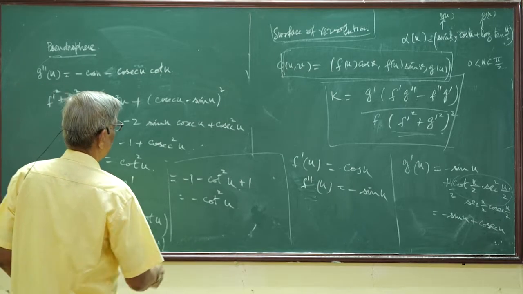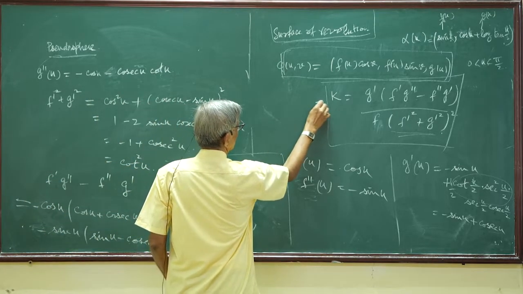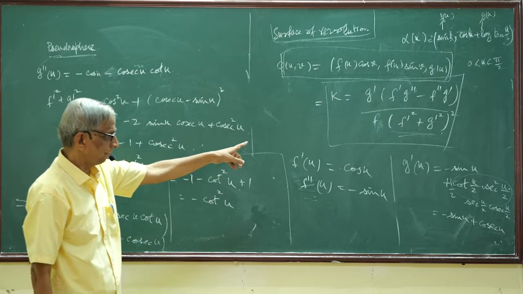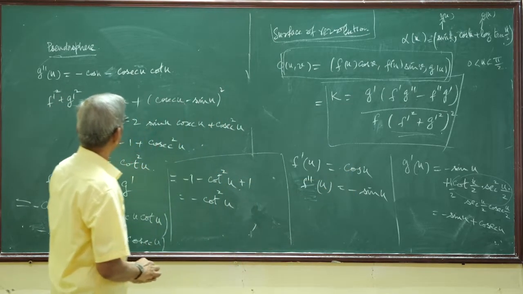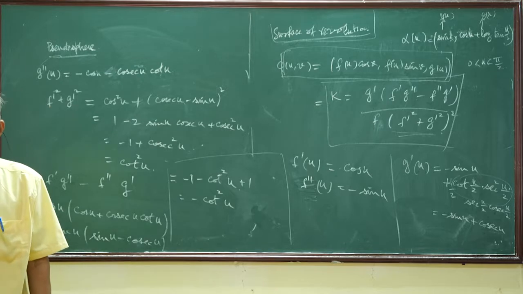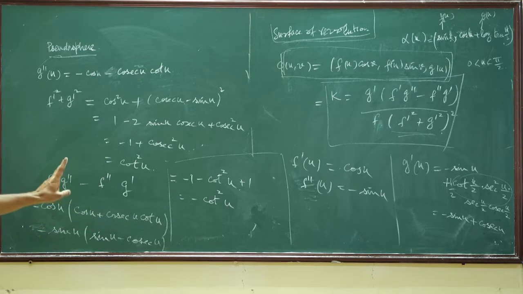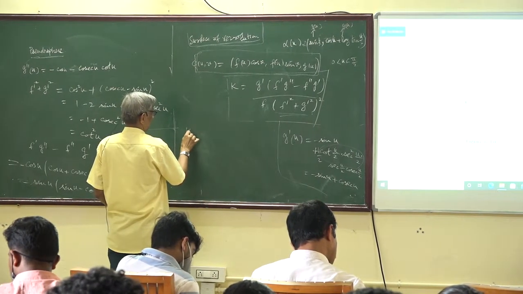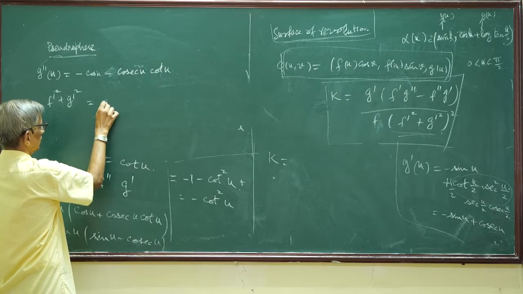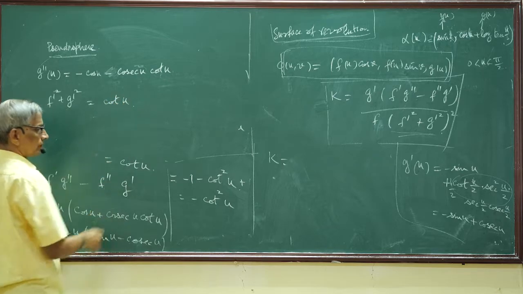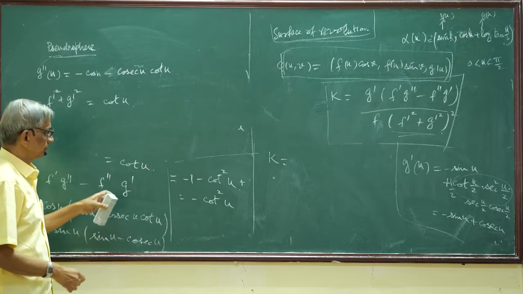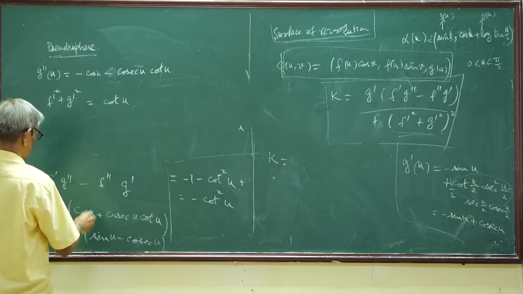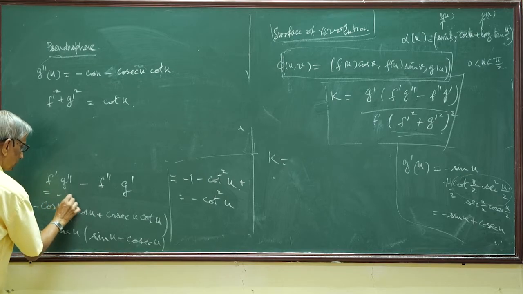So what is k now? G prime. So everything okay so far? So k is equal to, so this is minus cot square here.